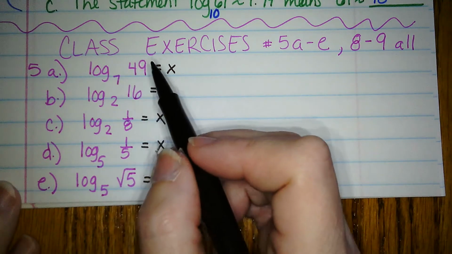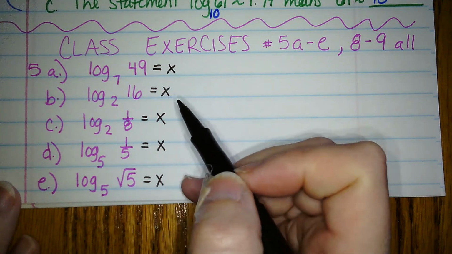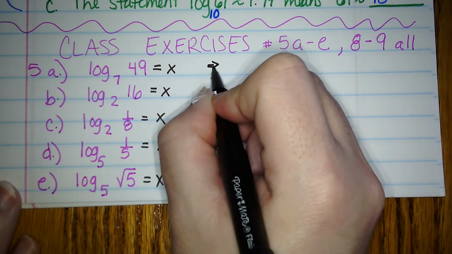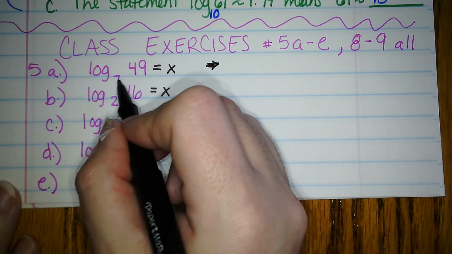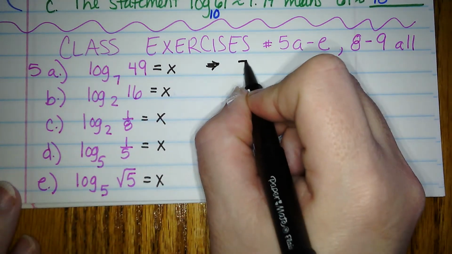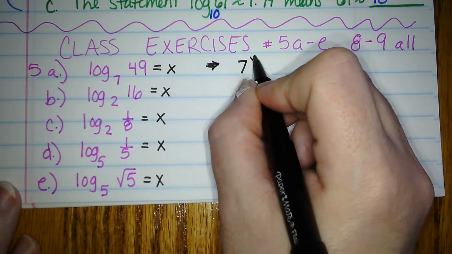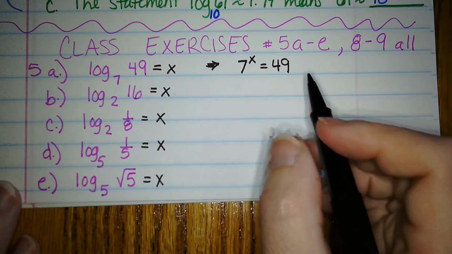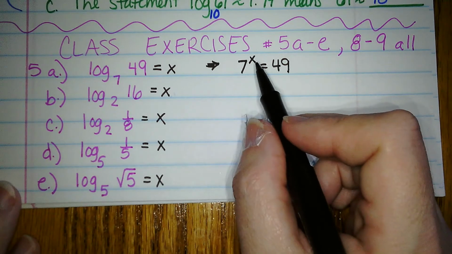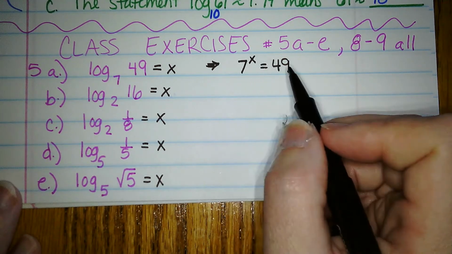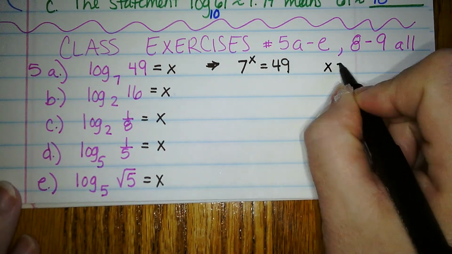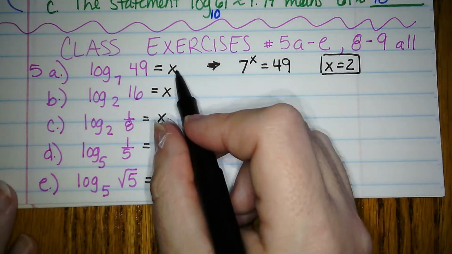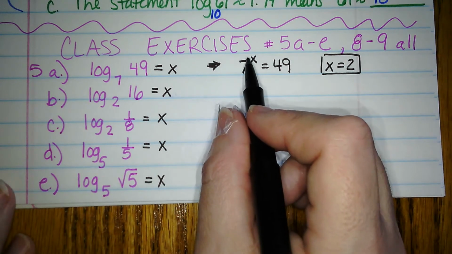So as we go to rewrite this into exponential form, because we solve these using exponential form, we are going to start with our base, which is our subscript 7, raised to the x power equals our answer, and our answer is 49. So if I'm going to solve this for x without a calculator, I know that 7 squared is 49, so x equals 2. Okay, remember, the log is the exponent. That is what we're solving for.